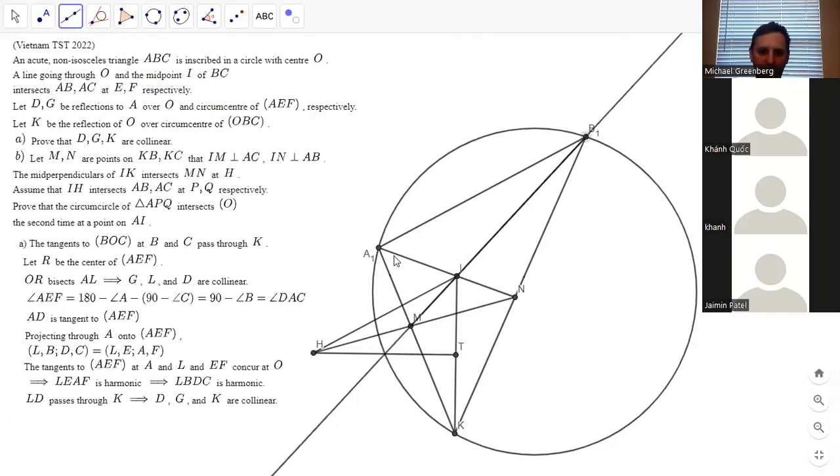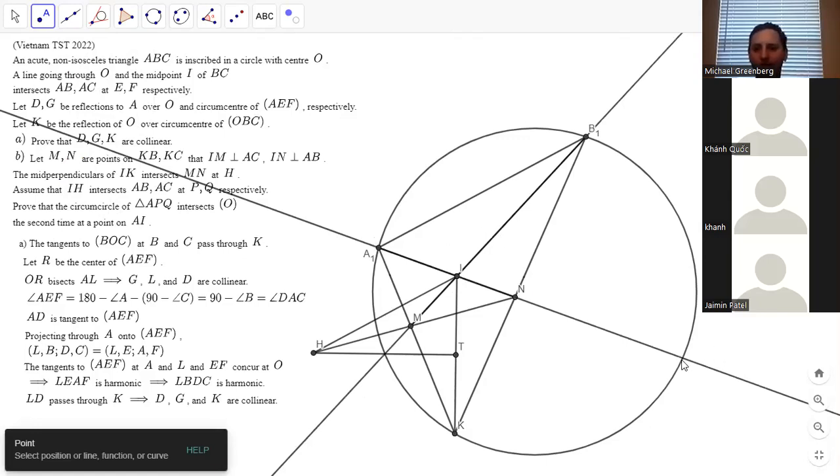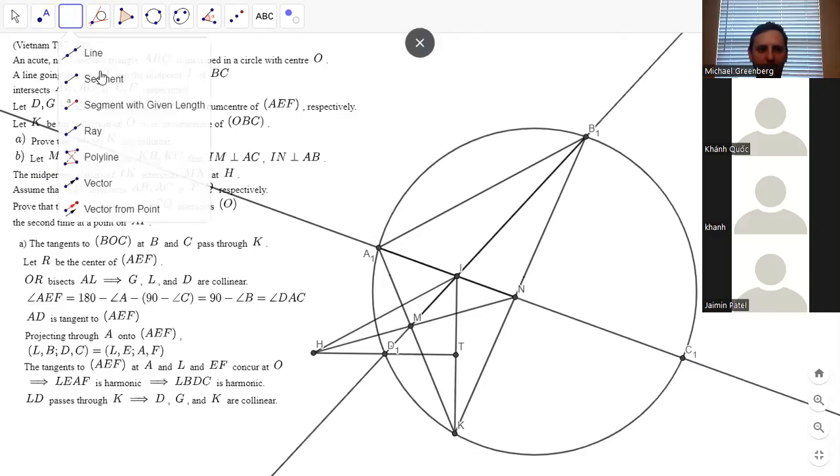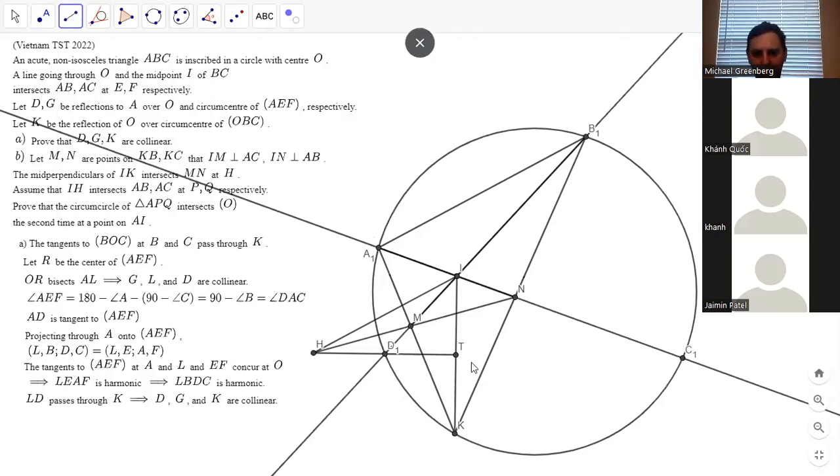So this is the in-center/excenter lemma.